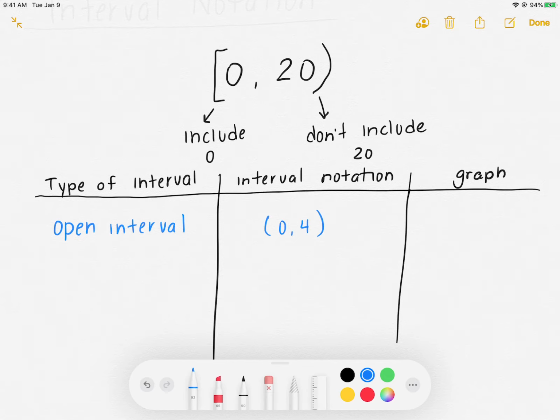And this is the same thing as if I were to say to go from 0 to 4 and have everything in between but not including 0 and not including 4. So that's our open circle graph. And when we don't include things, we just use the parenthesis.